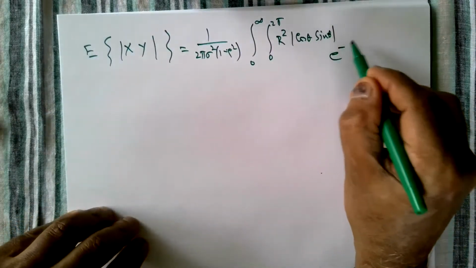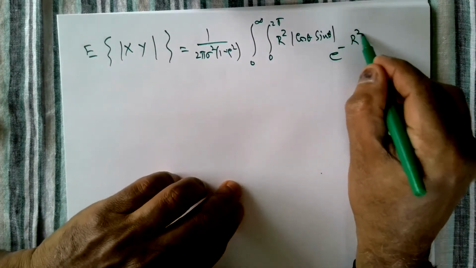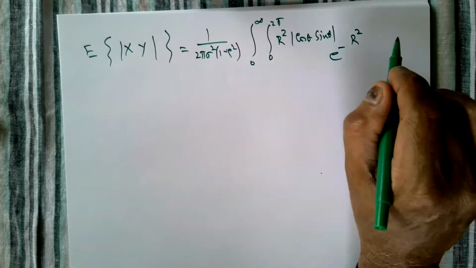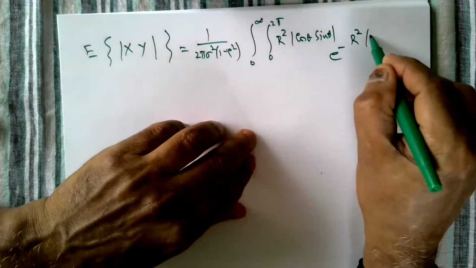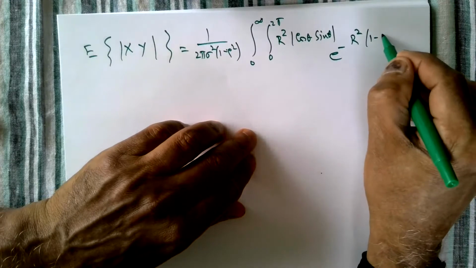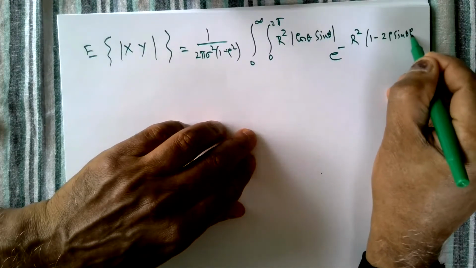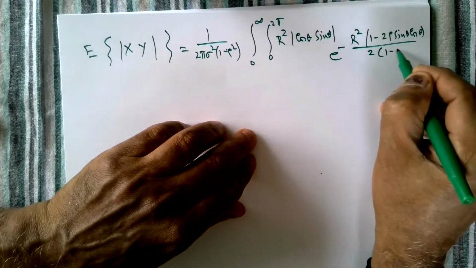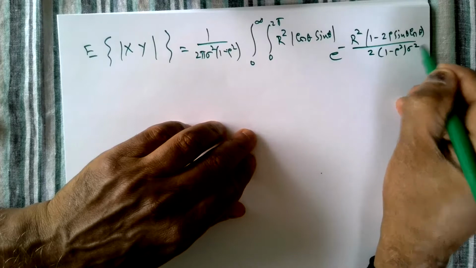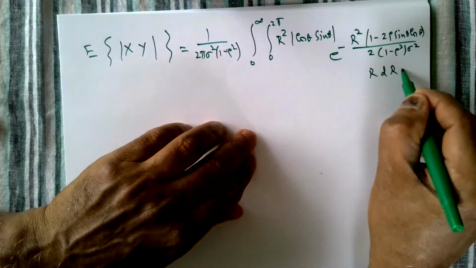Then e to the power minus, x squared will be r squared cos squared theta plus r squared sin squared theta. If you substitute for x and y, this comes out to be 2 rho sin theta cos theta divided by 2 times 1 minus rho squared sigma squared, r dr d theta.